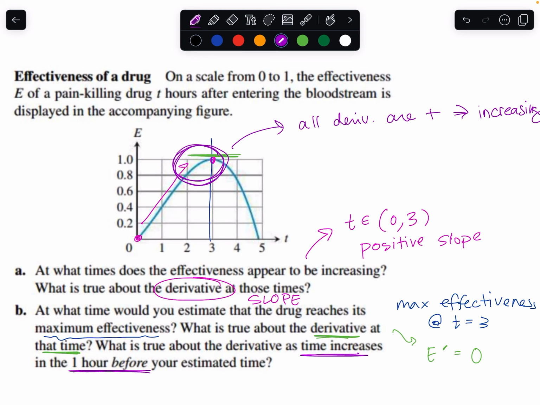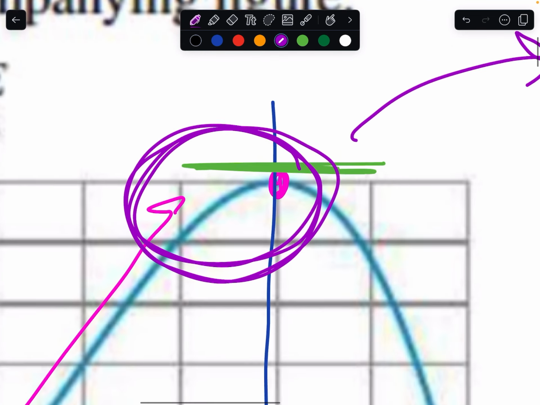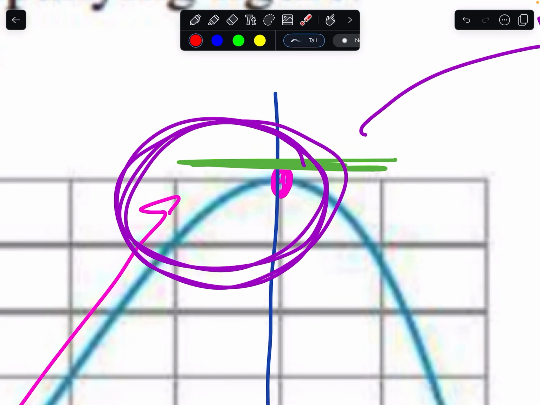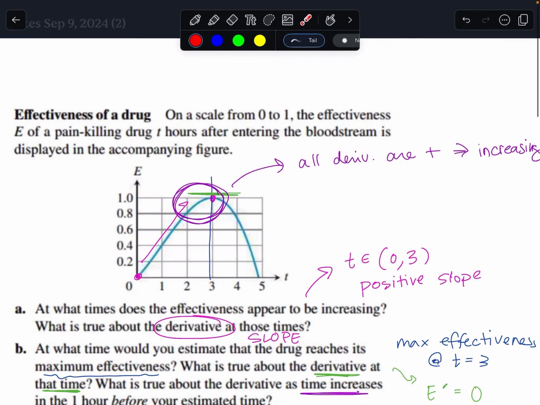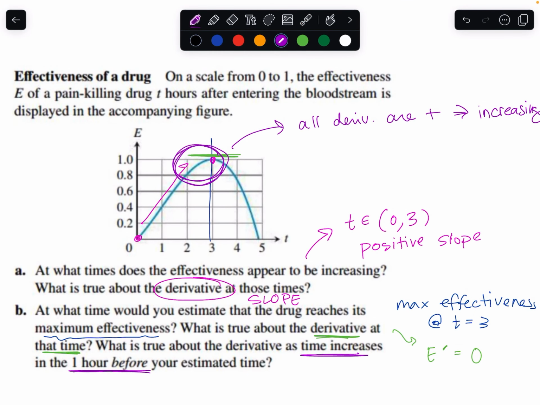But if I zoom in right there on just this little moment in time, here we have a positive slope, but the slope is decreasing toward 0. We have positive slopes, but they are getting smaller and approaching 0.